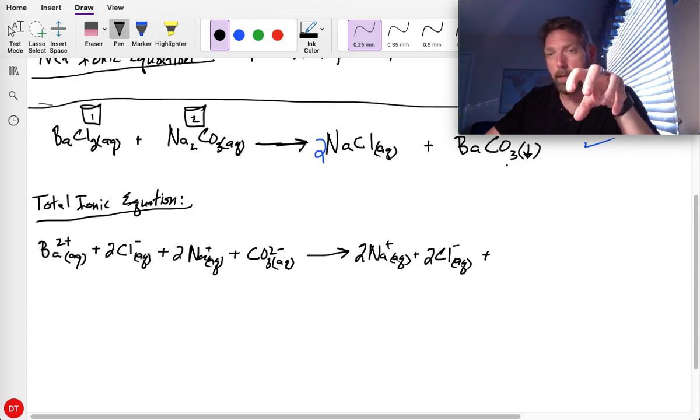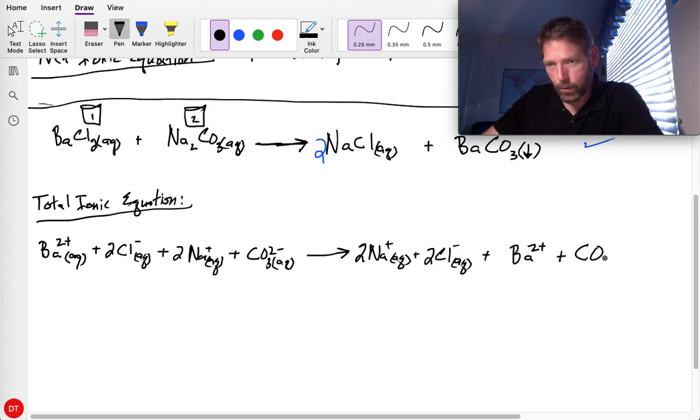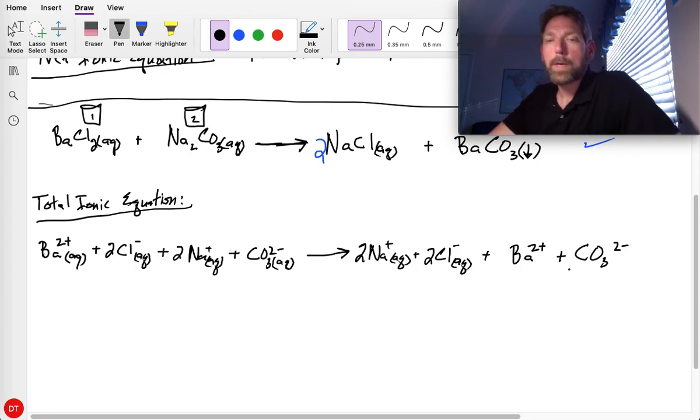It is not aqueous, so we're not going to use an aq symbol right here, right? So we're going to write Ba 2 plus, CO3 2 minus. Okay? So these two are going to end up coming together in the solution, right?